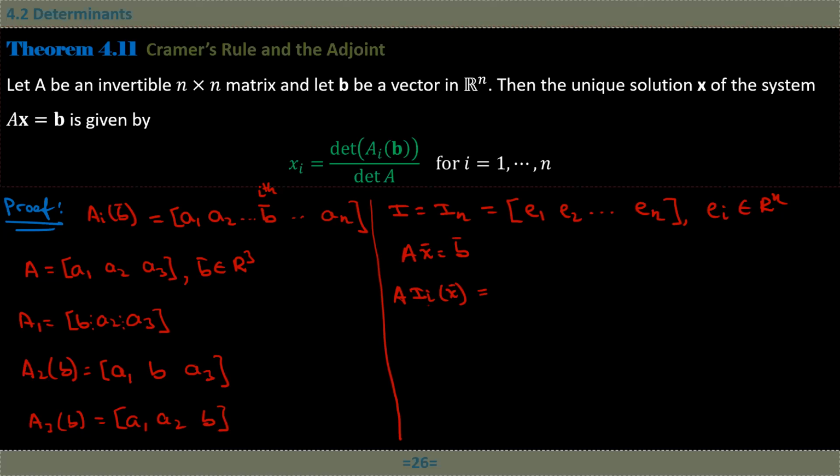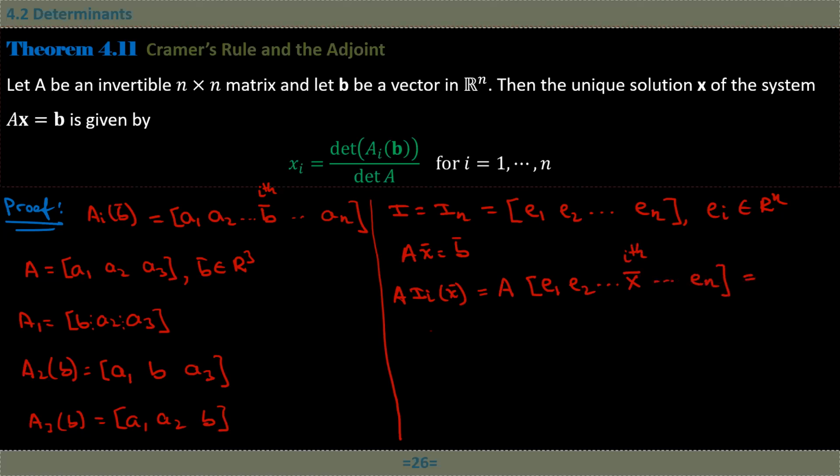It means that in the identity matrix, the i-th column is replaced by X. So we have A times the matrix E1, E2, ..., with the i-th column replaced by vector X, ..., and here we have En.